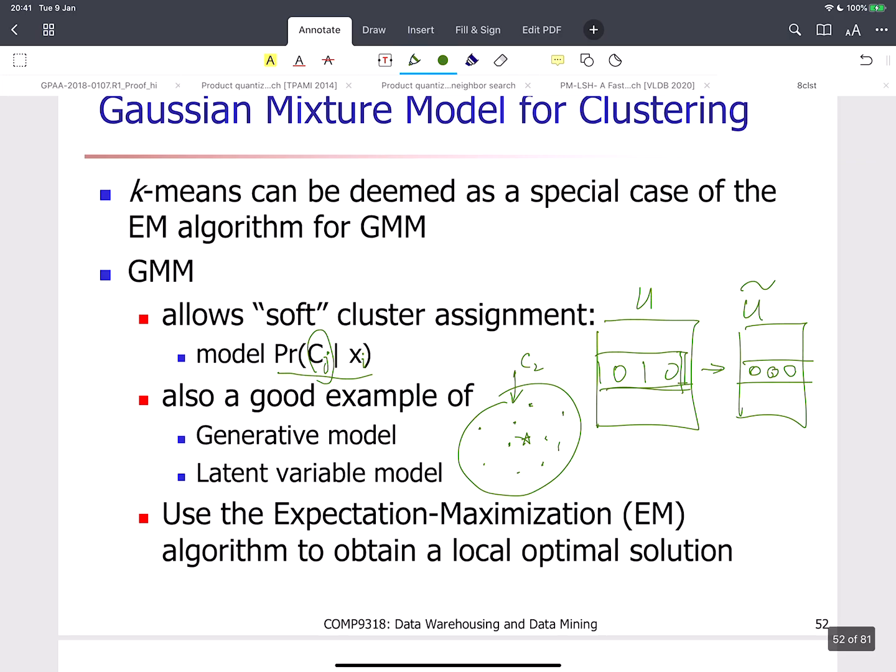But now each point has, say, 80% probability of belonging to C2, maybe 10% belonging to C1, and so on. This one is pretty far away, so it would have a large influence on the centroid, but if it only has 0.2 probability of belonging to this center, then it doesn't affect the location of the center too much. So that's the only difference.